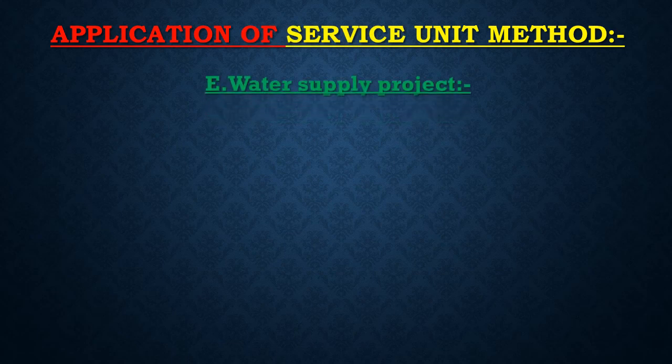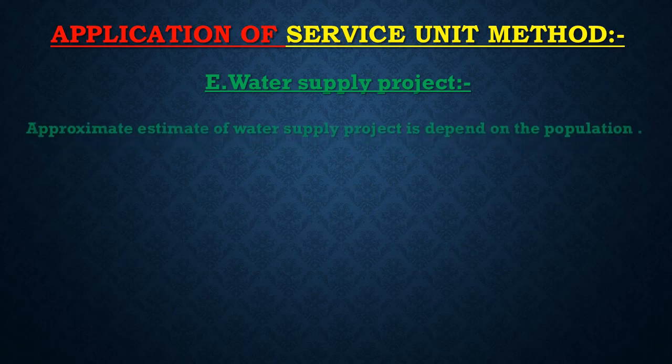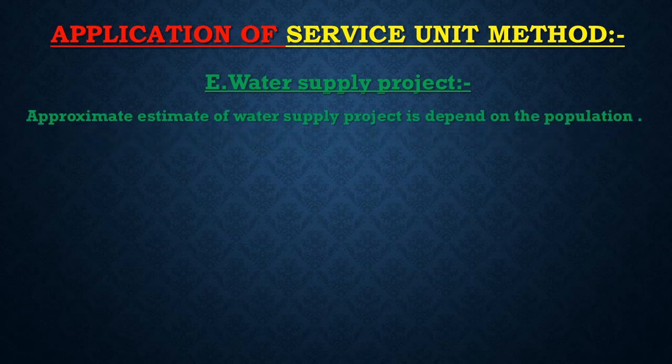Last application of the service unit method is water supply project. The basis of preparing approximate estimate of a water supply project is the population to be served by this project. Thus, by knowing the cost of water supply works per capita from a similar project already executed, approximate cost of a new project can be worked out.